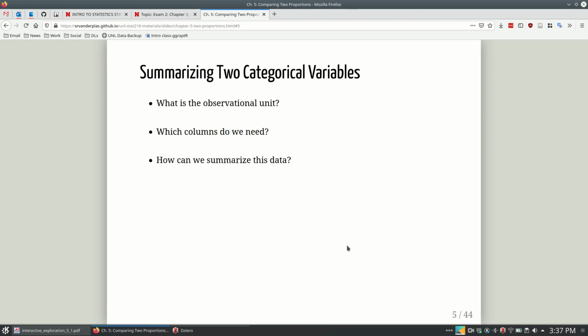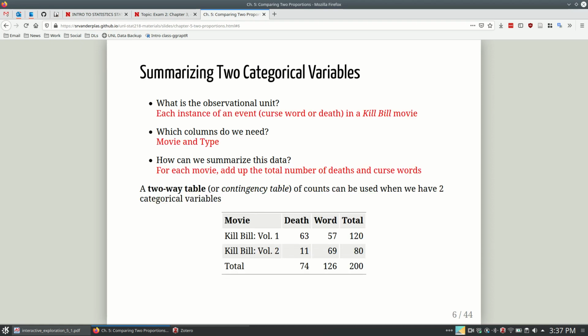So we can count up: there are this many curse words in Kill Bill 1, this many deaths in Kill Bill 1, this many curse words in Kill Bill 2, this many deaths in Kill Bill 2, right? The name for that summary table is a contingency table, or two-way table. And it's particularly useful when we have two categorical variables.